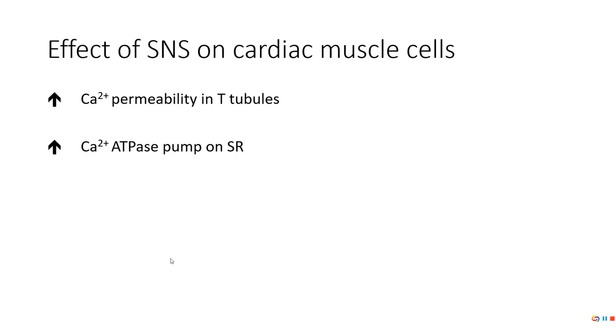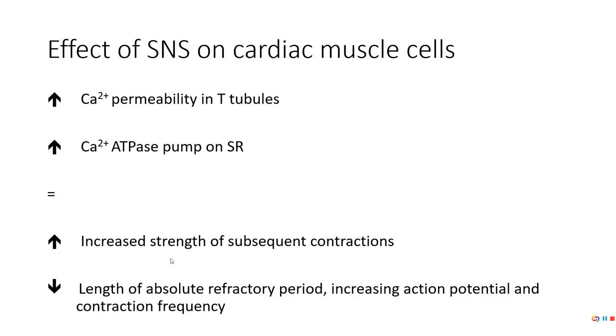This, along with the fact that I've increased that calcium ATPase pump on the sarcoplasmic reticulum, means I'm going to have stronger contractions in the future, and I'm going to reduce the absolute refractory period so we can have increased action potential, increased cardiac muscle contraction. This makes sense. This is a good thing because if my SA node's firing at a higher rate, well, I need my muscle cells to be in a position where they can contract more often.